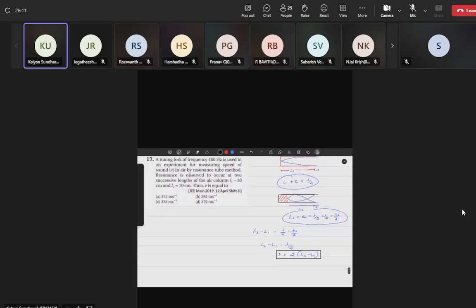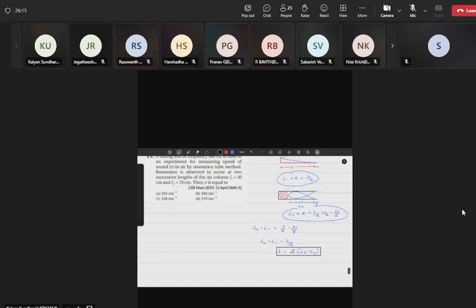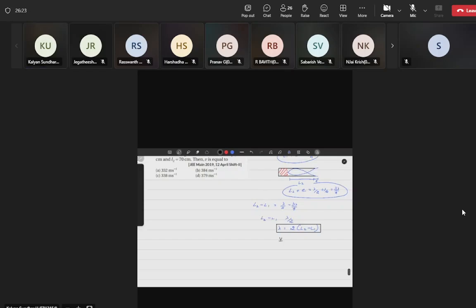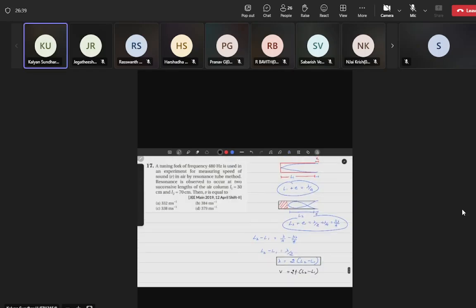Right? So lambda I can write as, instead of velocity and frequency, V by frequency will be equal to lambda, so I can write velocity will be equal to 2 times the frequency times L2 minus L1. Right? So this is what you have to find out.